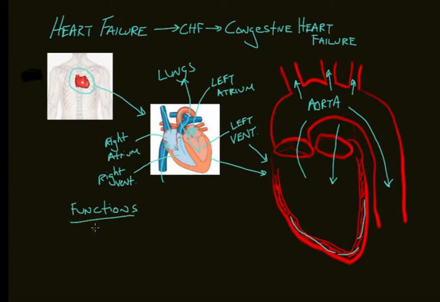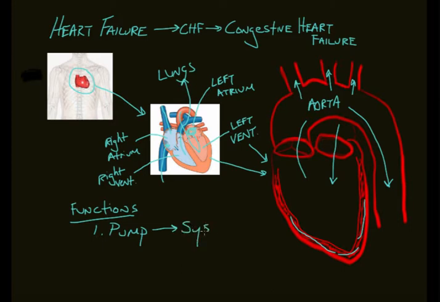The first function is to pump blood, and this is referred to as systole. The second function of the heart is to relax and fill with blood, and this is referred to as diastole.